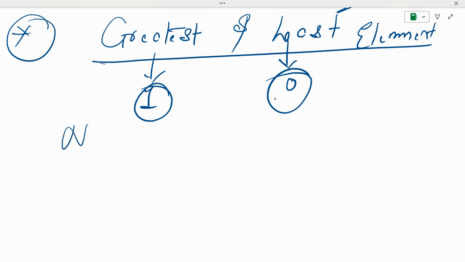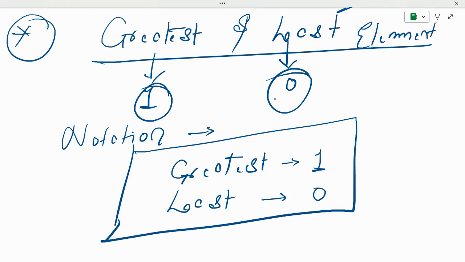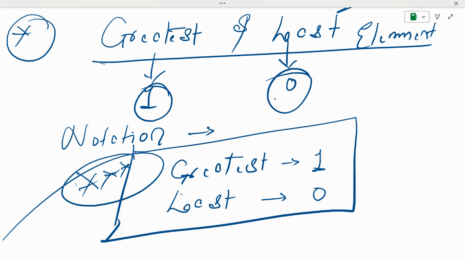So these are the basic notations, right? For the greatest element, the notation is 1, and for the least element, the notation is 0. So keep this in mind because we might be using this later on. So greatest element is 1, least is 0.